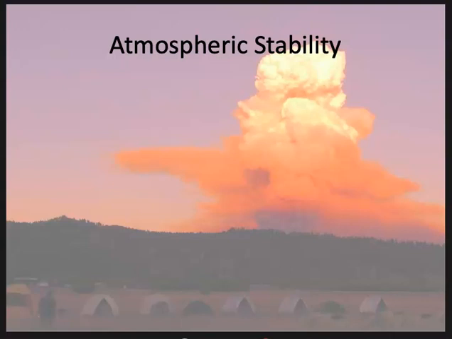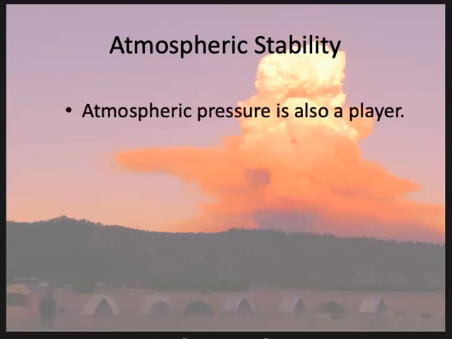So first of all, we need to realize that atmospheric pressure is also a player in wind, moisture, the temperature, all of these things. It's all a reaction. Remember, I talked about how everything's a reaction to the sun and the responses of the earth in different parts.